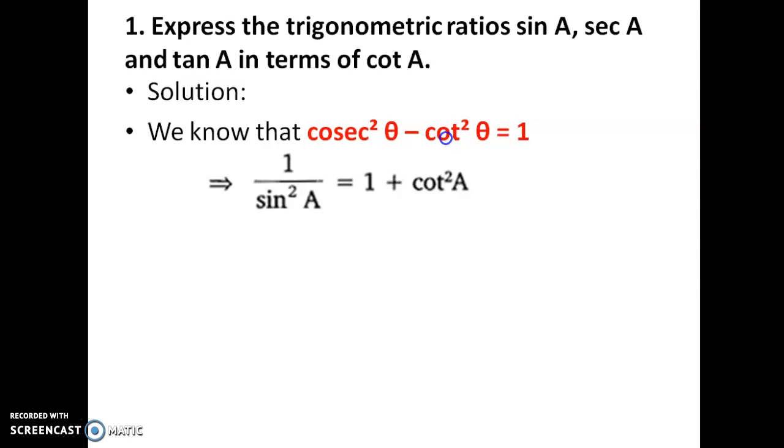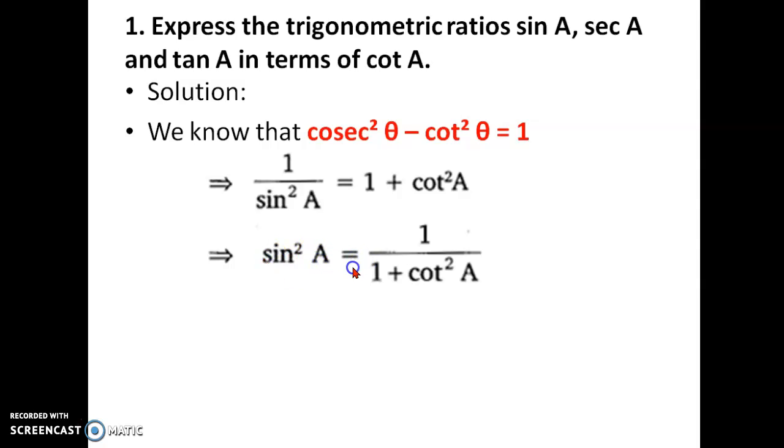So here we can write it as 1 by sin square A equal to 1 plus cot square A. Here in the question it is given A, so we should also use A. Then sin square A is taken to the numerator, so the other side of equal to will come to the denominator.